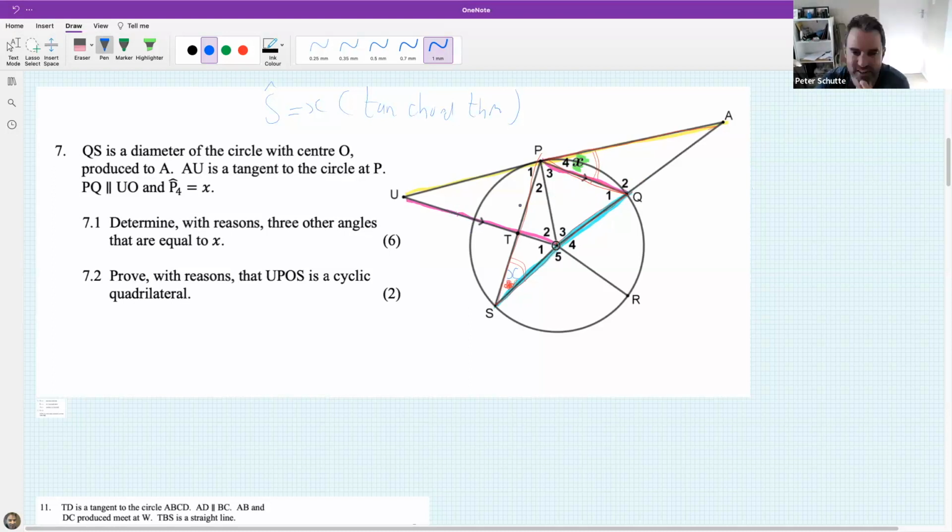P2, yes, P2. How do we know that P2 is equal to X? So I agree, P2 is equal to X. What is the reason going to be? It's got a lot to do with this thing over here.